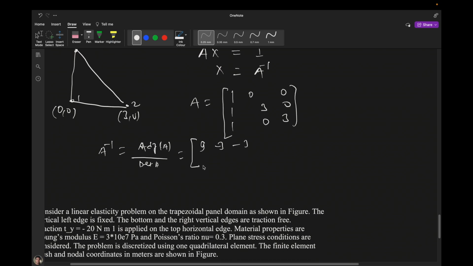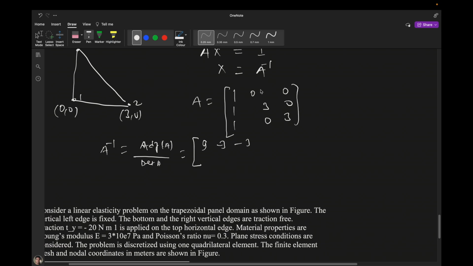And if I remove the rows and columns for this thing, this will be 0, and this will be 3, and this will be 0, and this will be 0. For this it will be 3, and since it is a 3 2, it will be minus 3, so it will be 3.